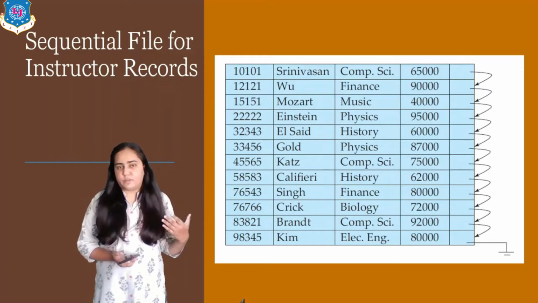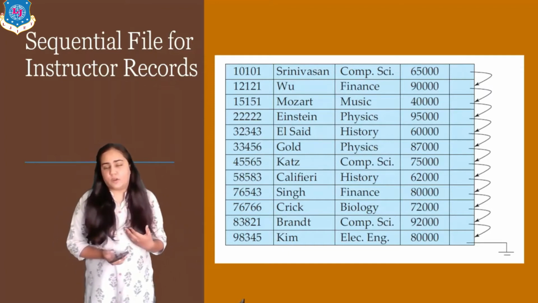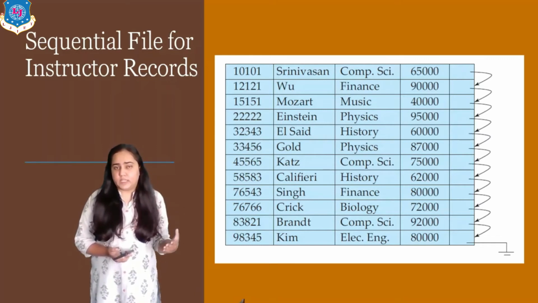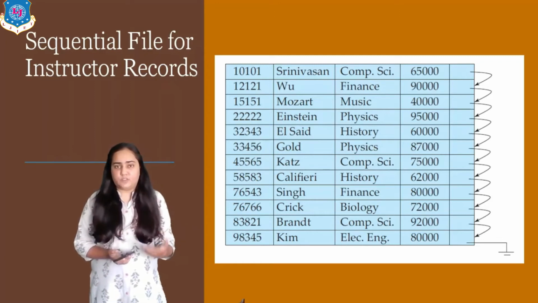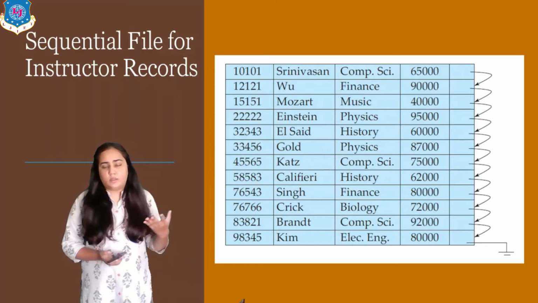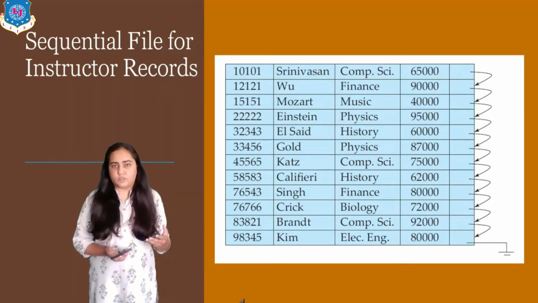And this performance becomes even worse if I try to search for a particular instructor by giving a particular ID. So if I'm just doing select star from instructors where ID equal to any ID given from here, then I'm only looking for one instructor.